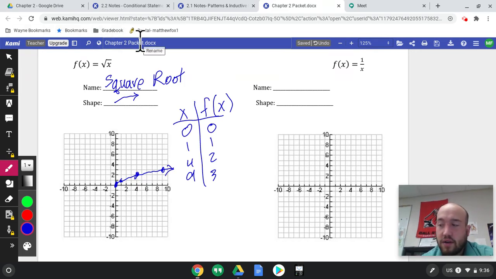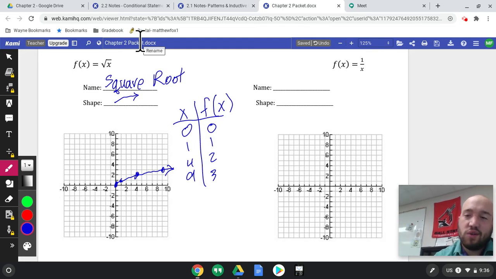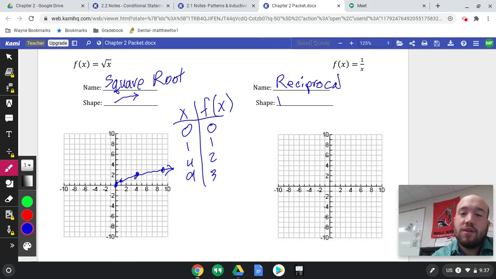Okay. Now our final one, this one is a little bit unique. You probably didn't see this last year in Algebra 2. I know I did not teach it to my Algebra 2 students. So this is called a reciprocal function. Okay, so our reciprocal function, it's kind of like a double boomerang.